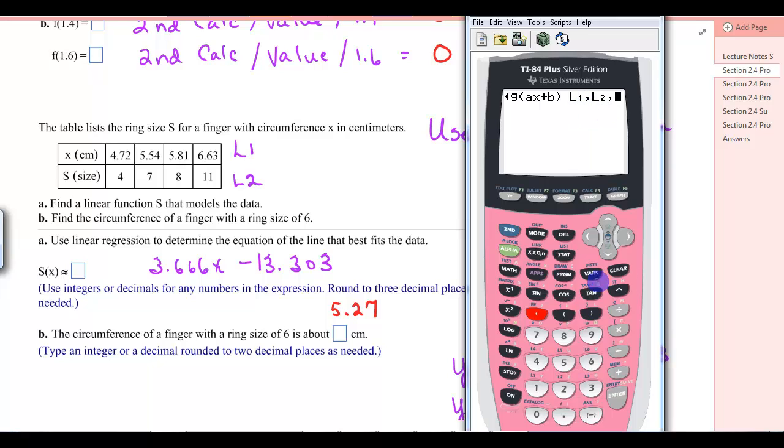So to get the Y1, you go to vars key, which is for variables, over to the Y variables, enter on function, enter on Y1. So we have told it, figure out a linear equation from using L1 and L2 and go put it in Y1 for me. So we can go ahead and hit enter. All right. You may or may not have this r squared and r.